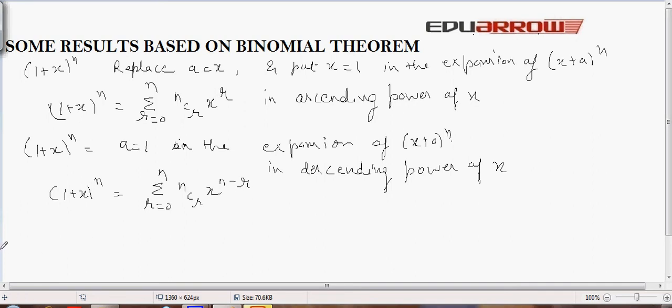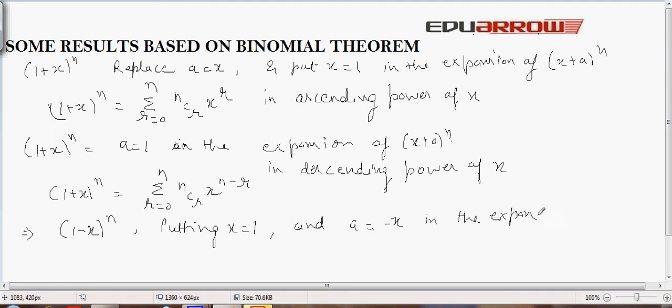Next result is, if we want to do the expansion of (1 − x)^n, we can find it by putting x = 1 and a = −x in the expansion of (x + a)^n.